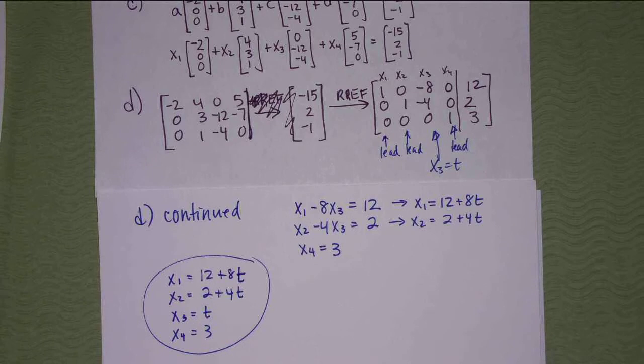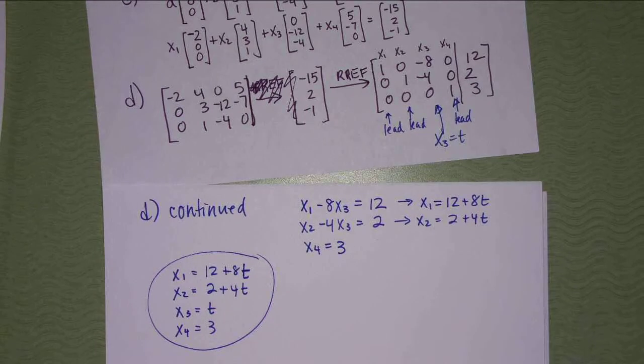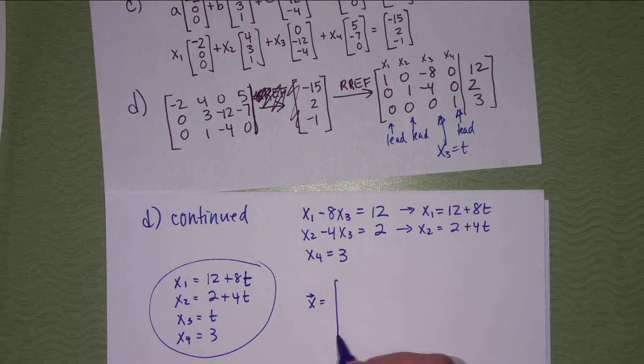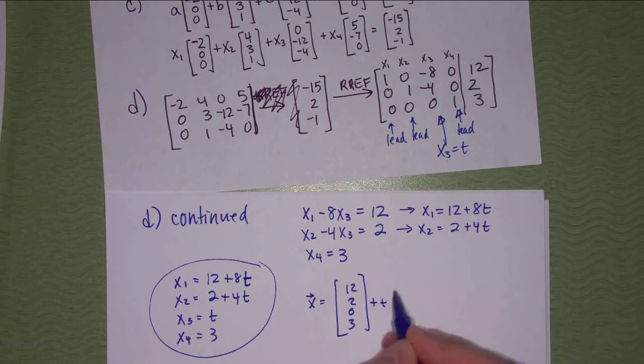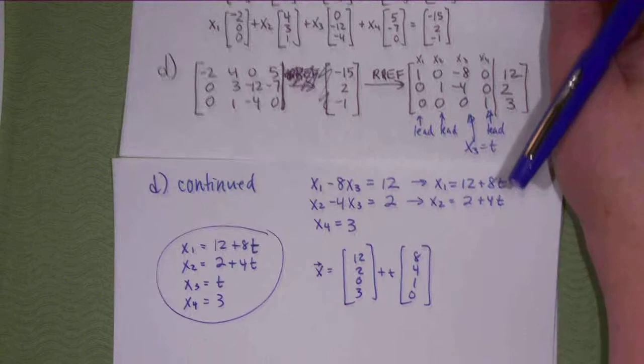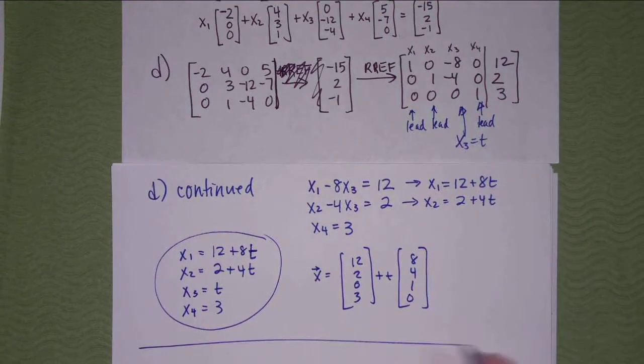It is the solution. I've been writing them all in vector form just to show you how to do it, because we're going to have to use the vector form later. Okay, so the next question.